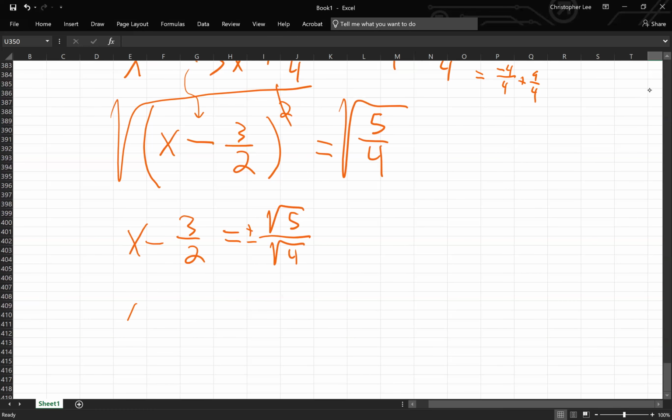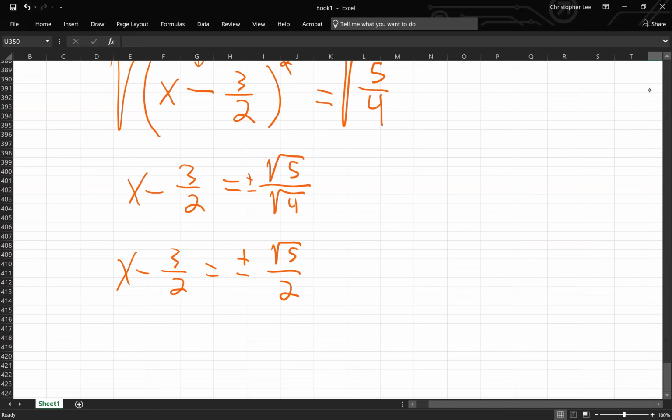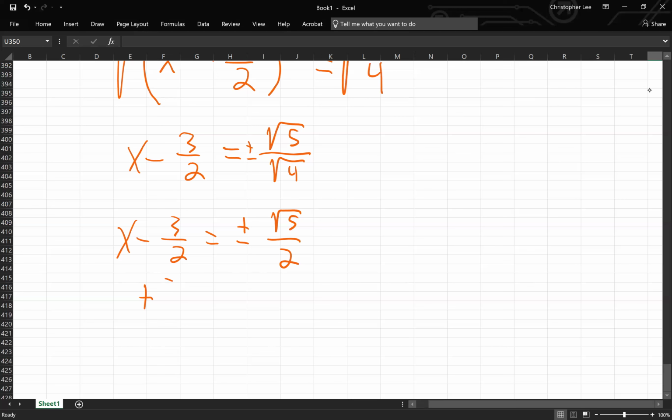So this becomes x minus 3 over 2 is equal to plus or minus square root 5 over 2. After that, we're just going to add the 3 over 2 to both sides. Add 3 over 2. So now I have x is equal to 3 over 2 plus or minus square root 5 over 2. I would accept this answer right here.